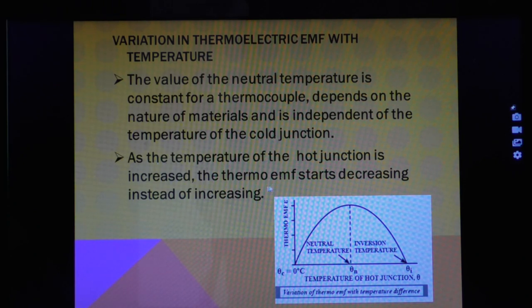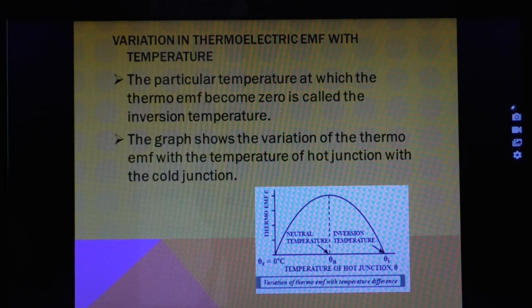As the temperature of the hot junction is increased, the thermo EMF starts decreasing. So you can see here that this is the neutral temperature where the EMF is maximum. But when we further increase the temperature of the hot junction, the thermo EMF starts decreasing instead of increasing, which is shown by theta I. That is the inversion temperature.